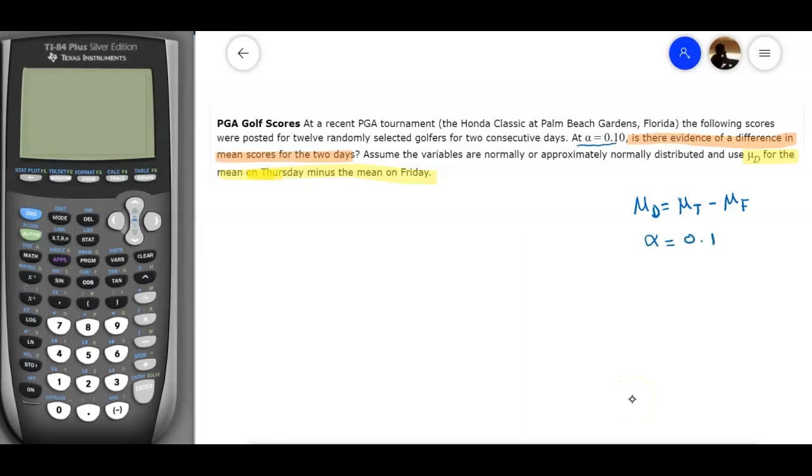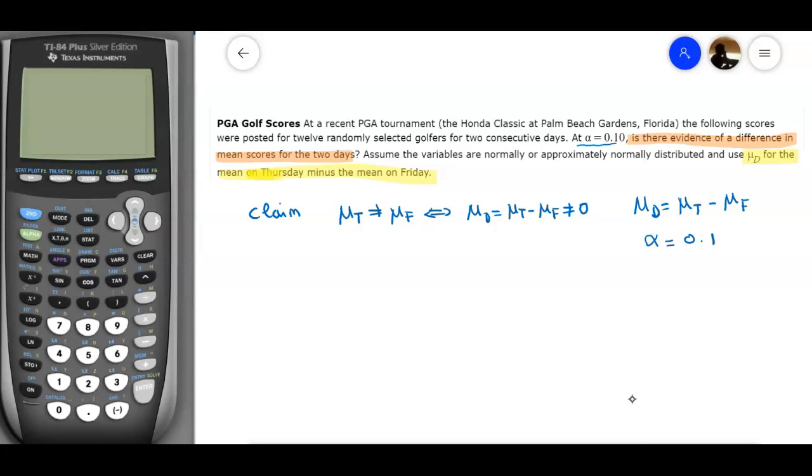So the claim, if there is a difference, this means mu on Tuesday is different than the mean on Friday, and this is equivalent to saying the mean mu d, which is equal to Tuesday minus the mean on Friday, is different than 0. So they are equivalent statements.